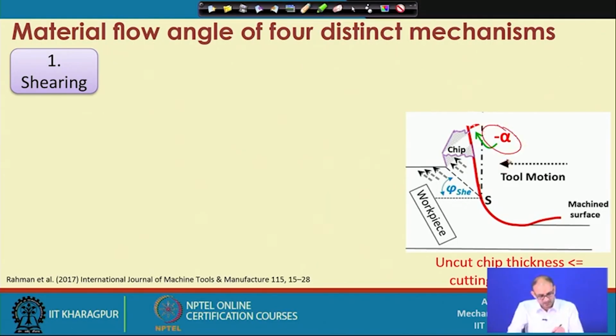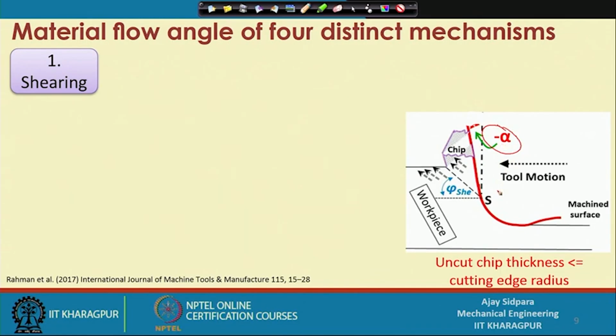So, back rake angle, or we can say the rake angle, or the orthogonal rake angle. There are many ways we can define this. And here what we have started learning is that this is the rake angle, and right now it is very small on the negative side. Then we will see in this class what happens when this S point is moved to a different location along the cutting edge radius of the cutting tool.